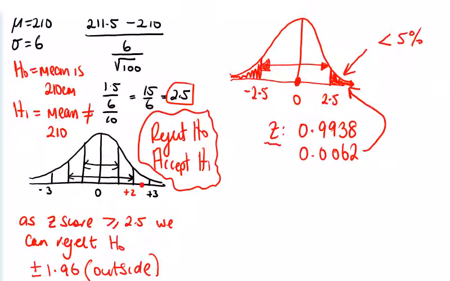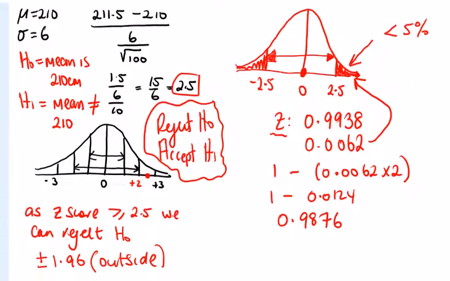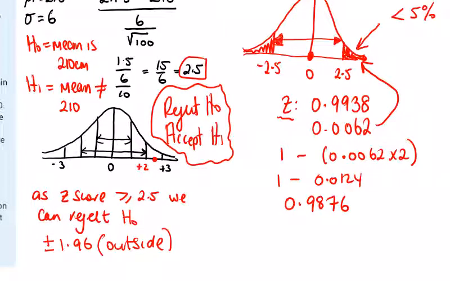Then 1 minus 0.0062 times 2 will tell me what's in the middle. So 1 minus 0.0124. So 1.24% is going to leave 98.76%.